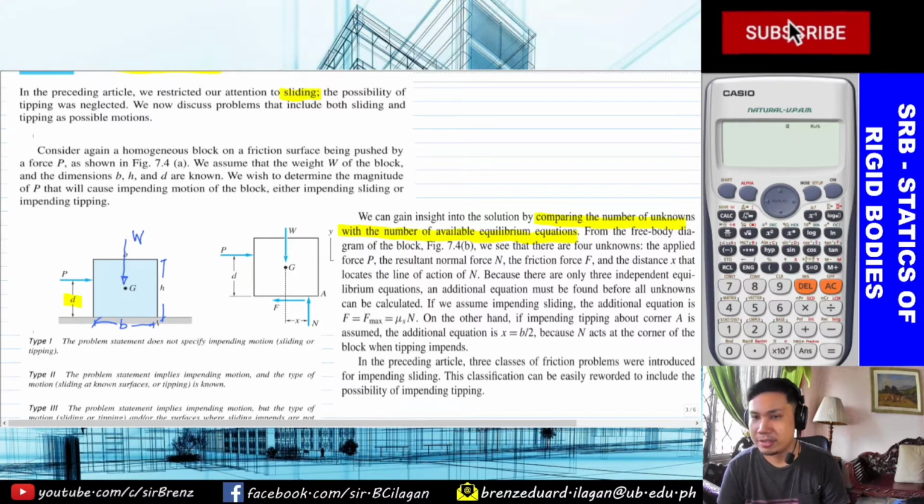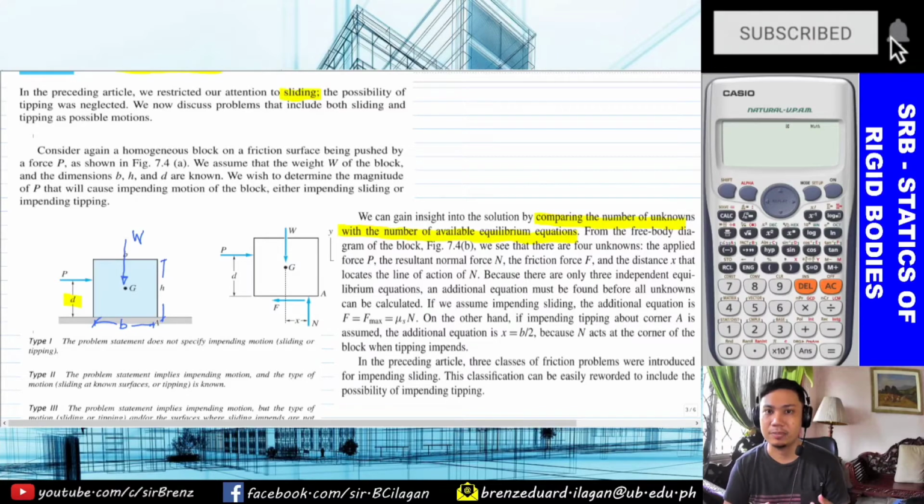This is where the equation for the maximum frictional force, mu times N, comes in.